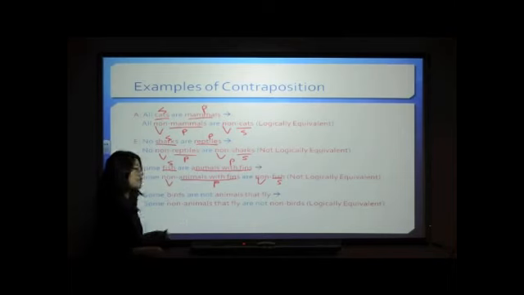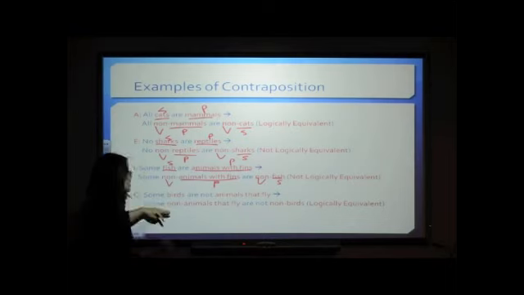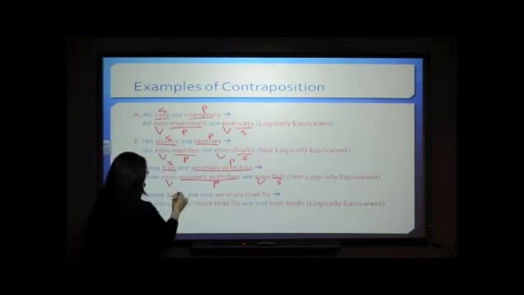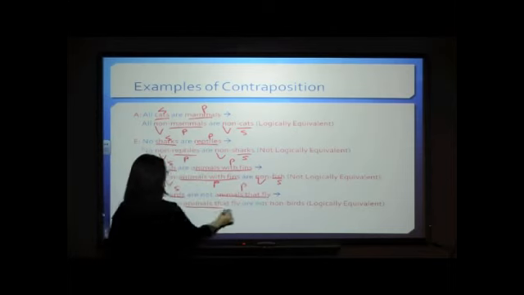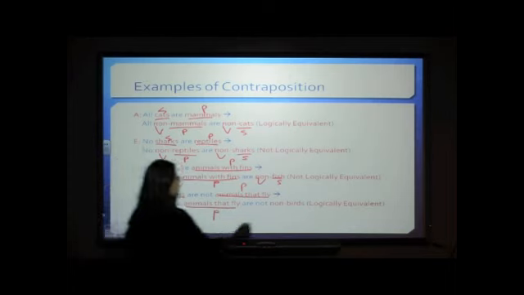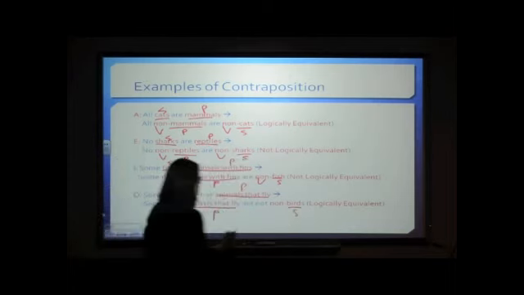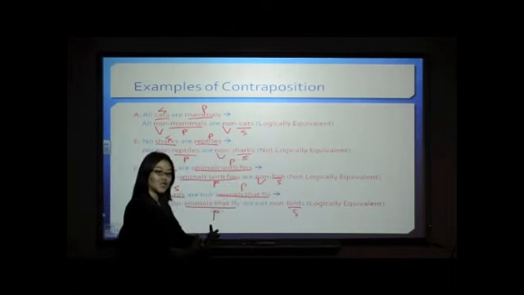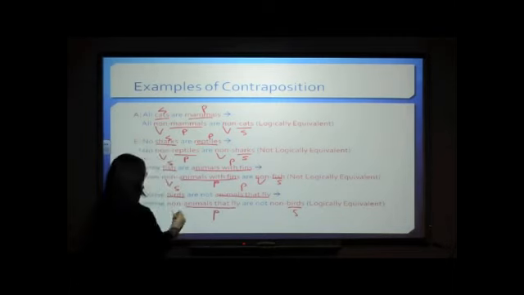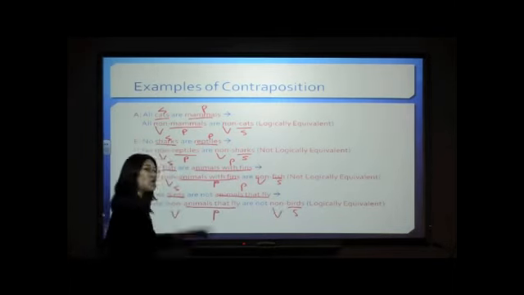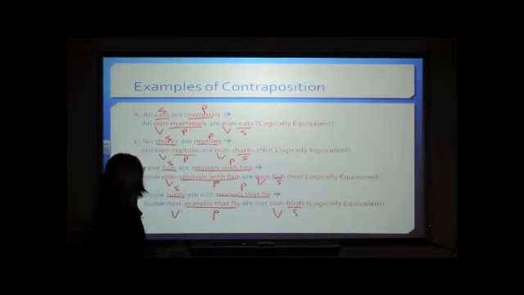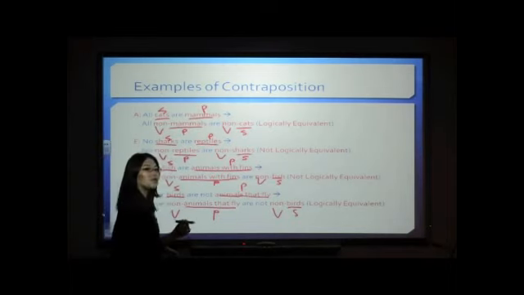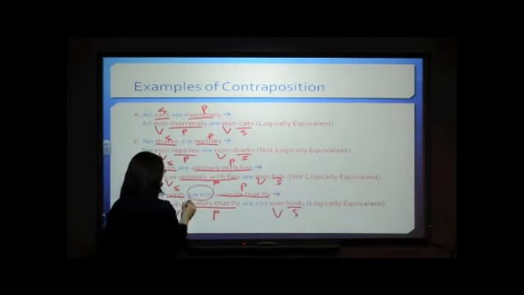Finally, we have here the O-type statement. Some birds are not animals that fly. And what we did once again is we changed the position of the subject term and the predicate term. So we have here now animals that fly, and birds is over here. And then we replaced both these terms with their term complements, and we did so by adding non, okay? Notice, and this is very important because a lot of students make this mistake when they're using contraposition on an O-type statement. You do not change the copula, okay?